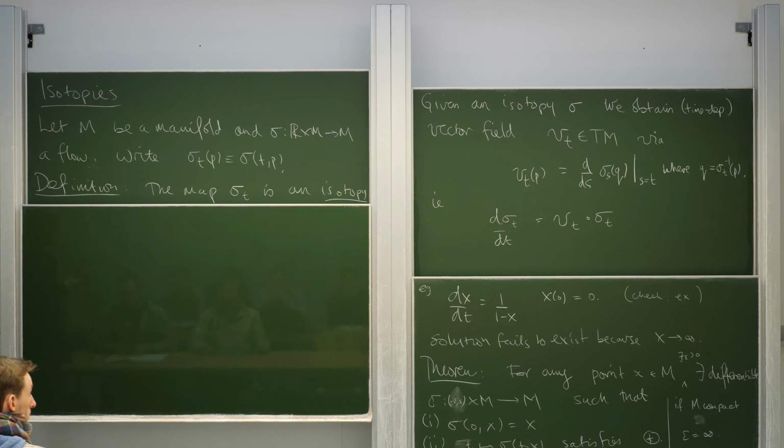Now we're going to argue the opposite. We're going to say, given a time-dependent vector field, we get an isotopy. So then we can draw a one-to-one correspondence between time-dependent vector fields and isotopies, which is pretty neat.